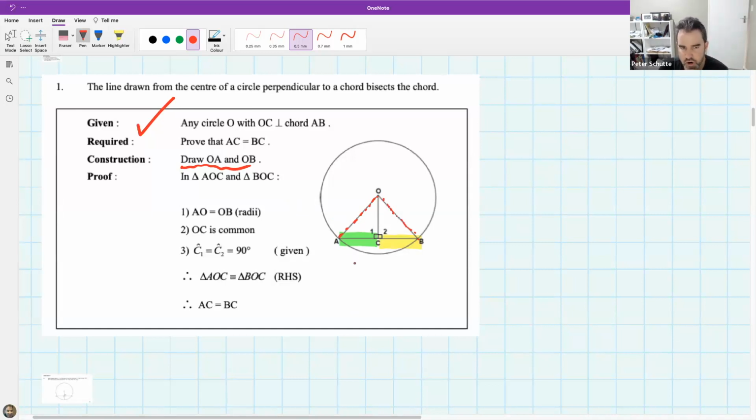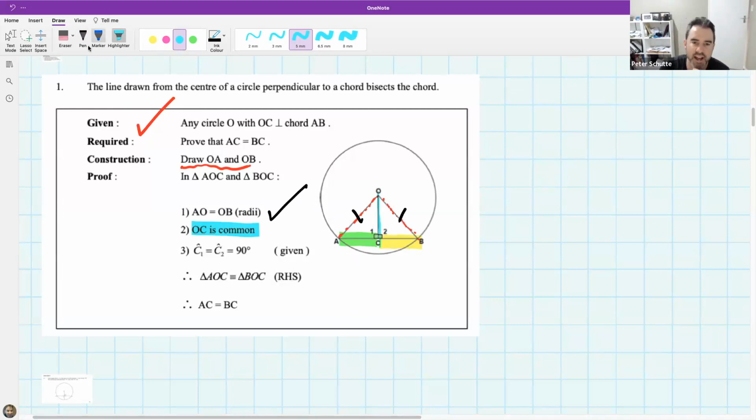Well, you have two triangles, and you say that OA is equal to OB by radii. You say that OC is common to both triangles.